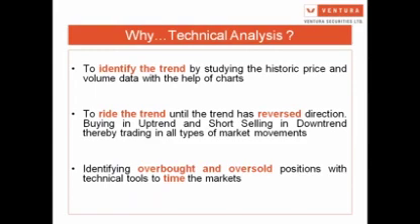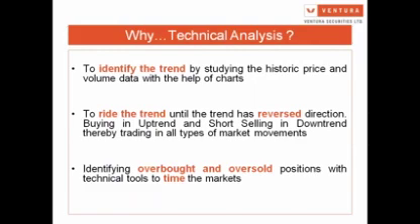And third is to identify the overbought and oversold position. Now what is overbought and oversold? Overbought is a position where we expect the price to come down, and oversold is a position where there is a possibility of a trend reversal. That is, from a bearish trend, price may start moving upward and change direction from bearish to bullish.